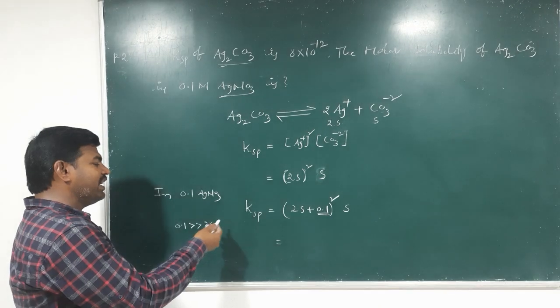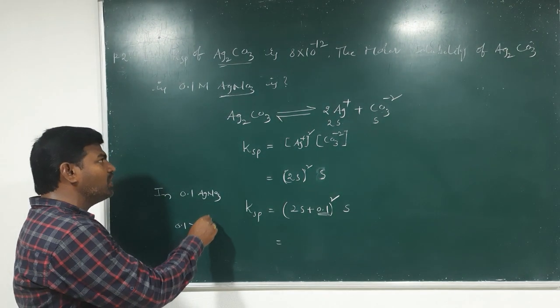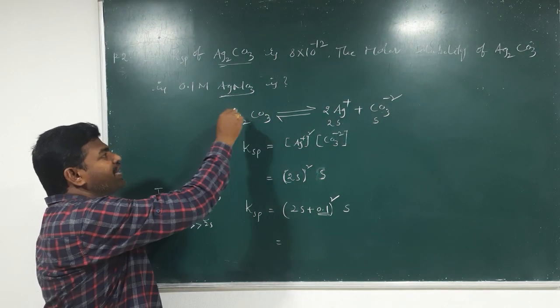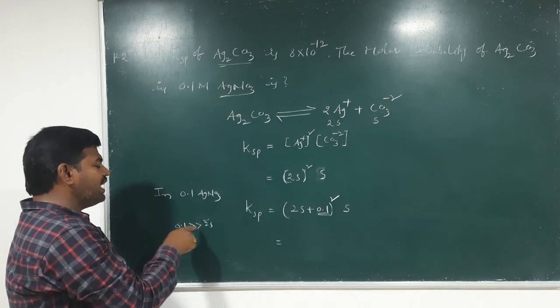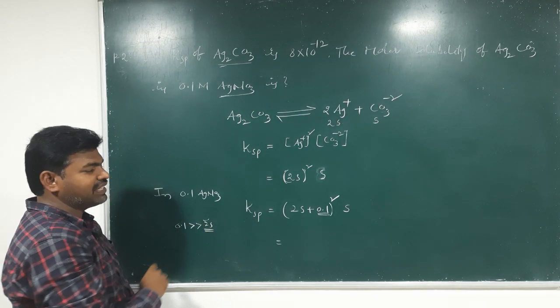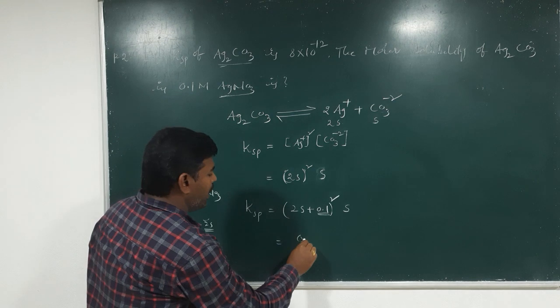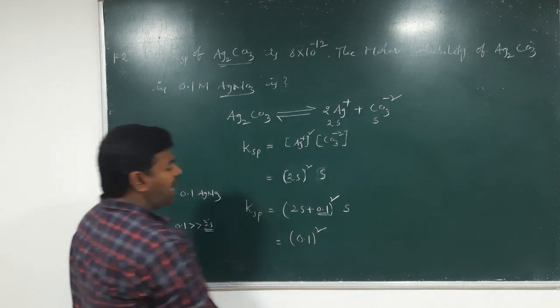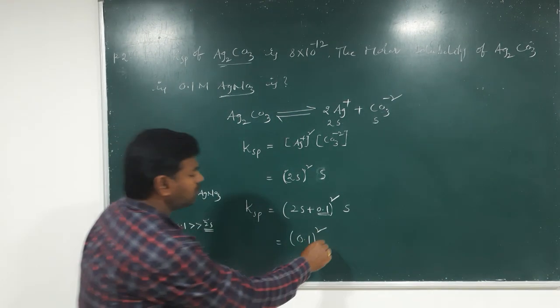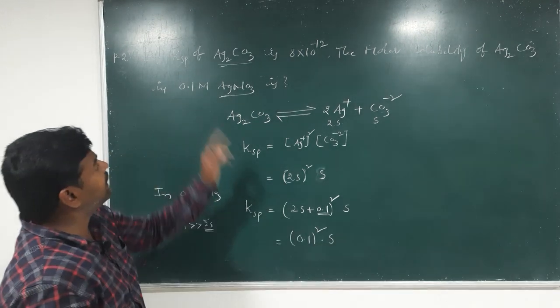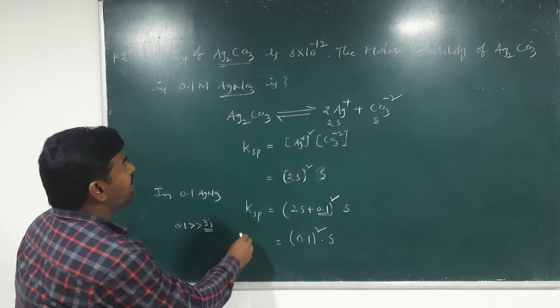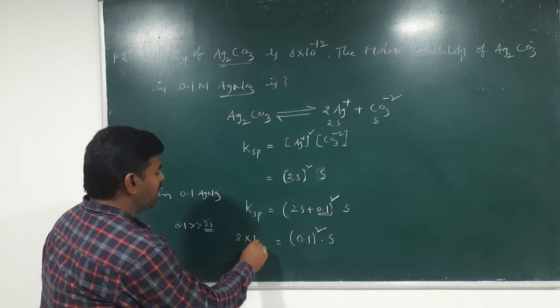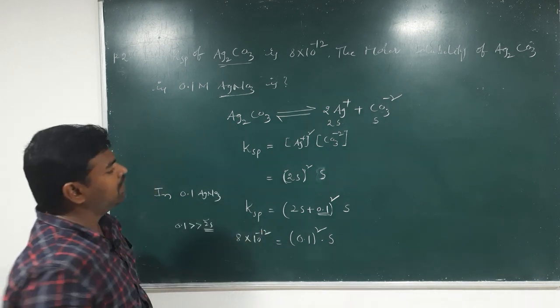So when compared with the molar solubility of Ag2CO3, we can neglect 2s. So 0.1 whole square, and they gave the solubility product, 8 into 10 power minus 12.